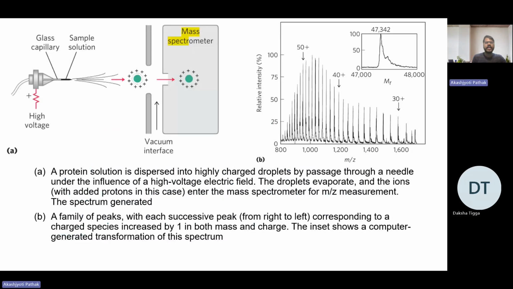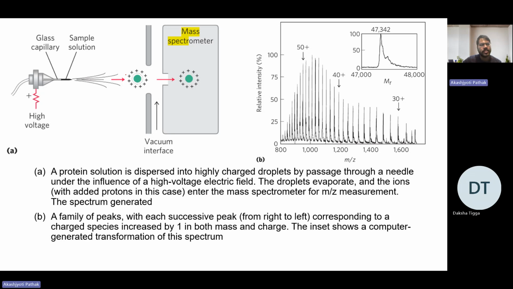This figure is taken from the book Lehninger. Here you can see that this is a glass capillary which is maintained at positive potential, and the sample present in this fine glass capillary is made to pass through the fine nozzle, and then it results in the formation of charged liquid droplets.